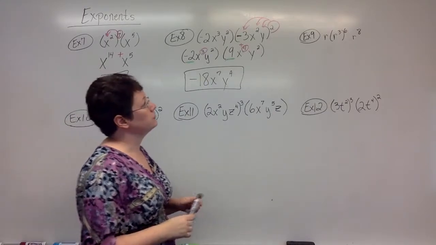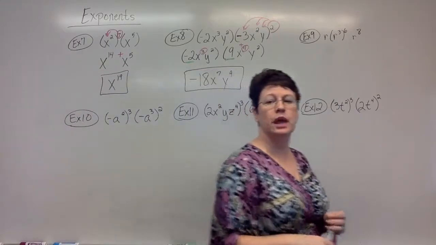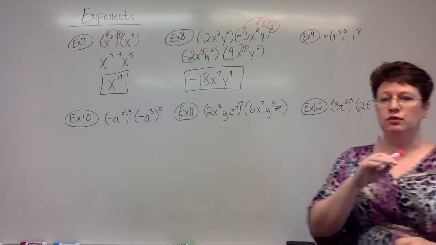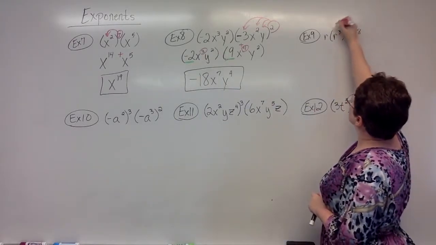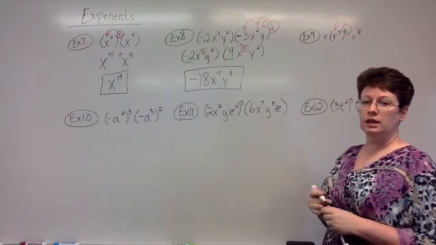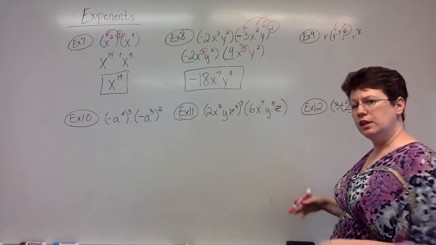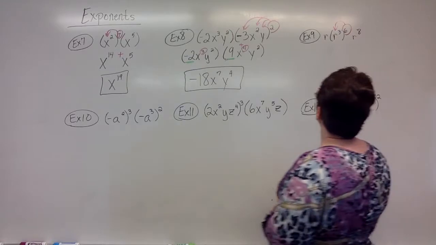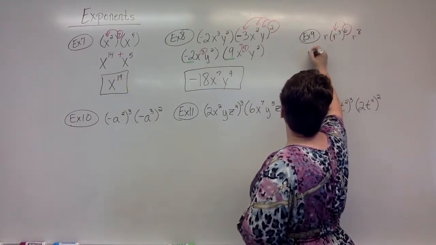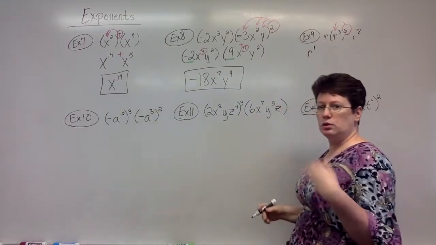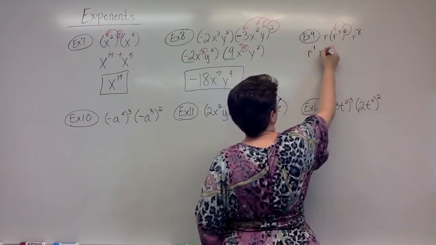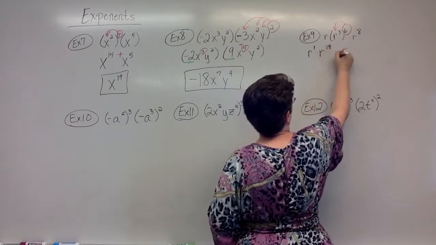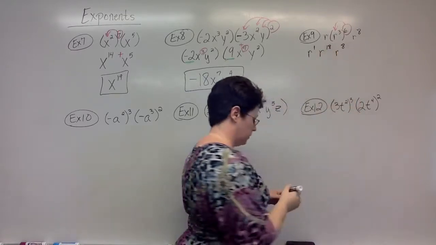All right, let's look at number 9. Again, look first for a number outside parentheses. I have a 6. It's going to distribute to everything inside. Write down everything else just like it is. That r at the beginning doesn't have an exponent, so I'm going to put a 1 in there just to remind myself. 6 times 3 is 18. And then I have an r to the 8th.